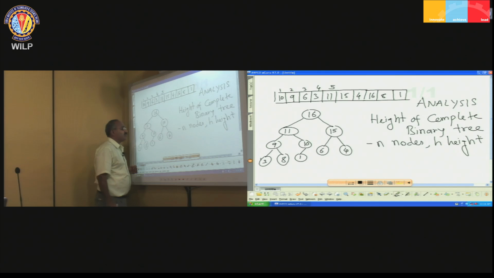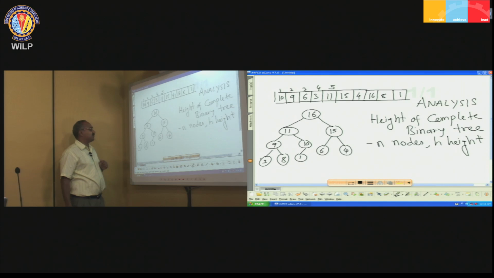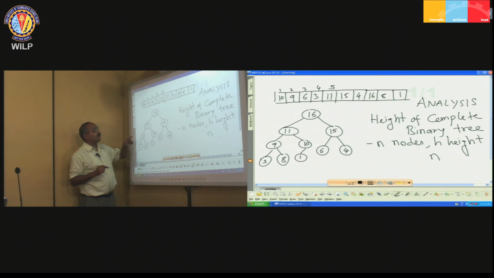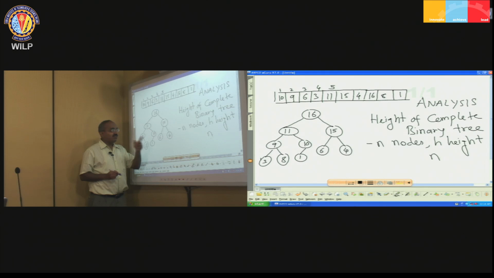Now, what do I know is the following. If I look at this particular thing which is already a complete binary tree which has n nodes and height is h, from the definition of complete binary tree, we know the following about the number of nodes n. If the height is going to be h, then up to the second last level, the tree is going to be full, and since the height is h, there is going to be at least one node at the level h.